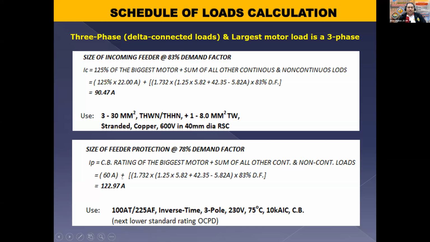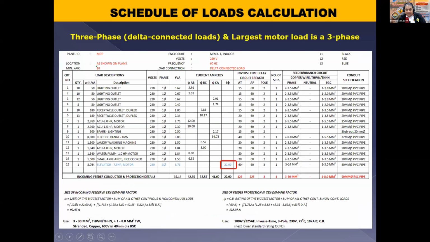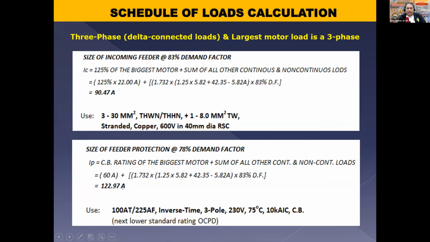And now, for the circuit breaker rating pala, kung meron tayong other motors na kasama dito, you can see, hindi na 22 amperes yung inilagay ko. It's a 60 amperes na. Ito kasi yung rating ng breaker natin, 60 amperes. Kita nyo dito, oh. Ito yung pagkabantayan natin, ha?